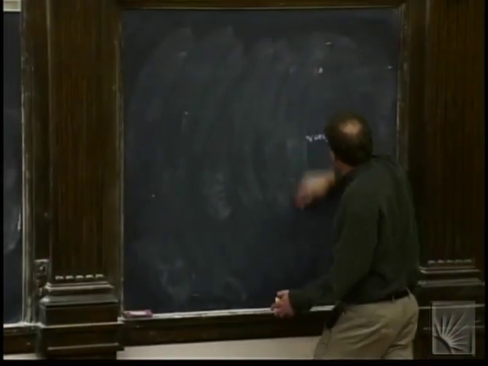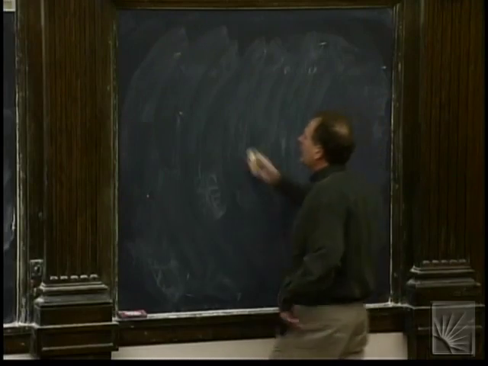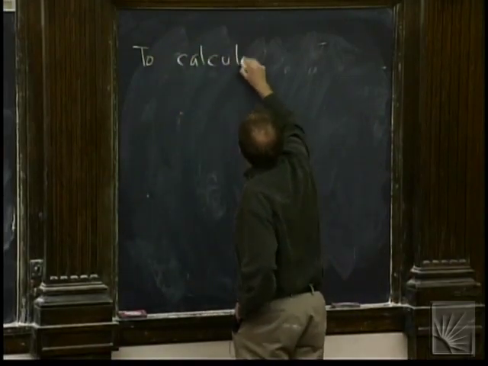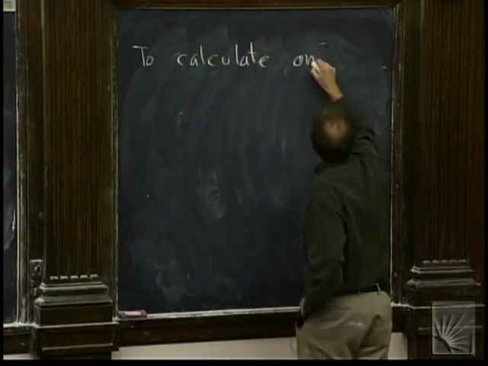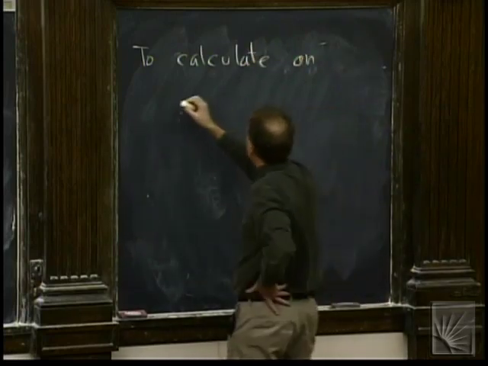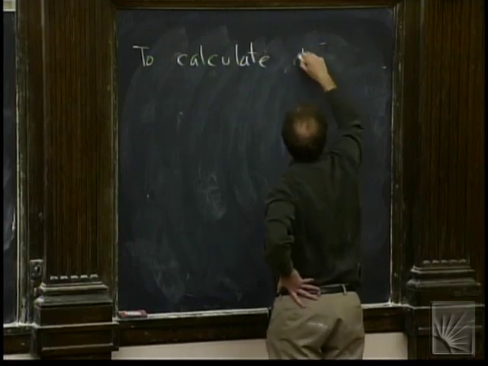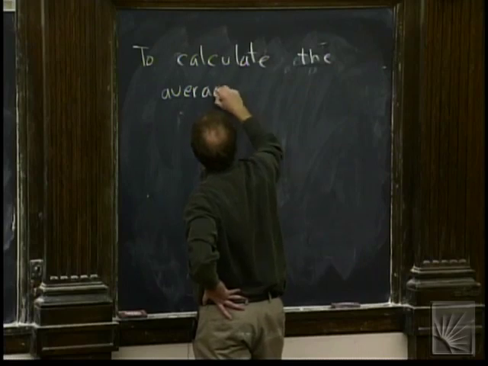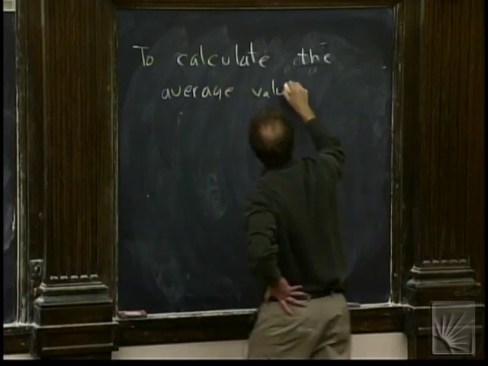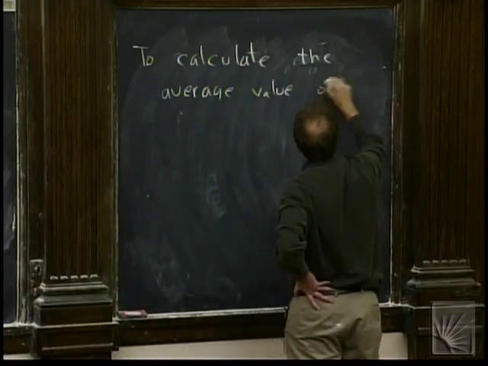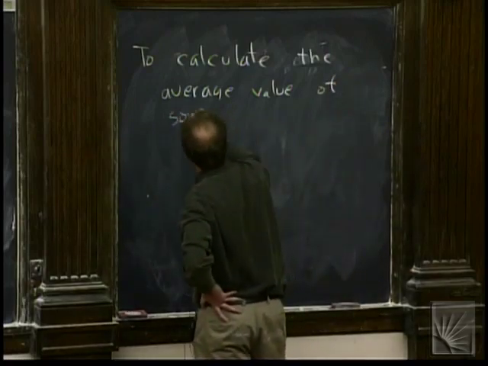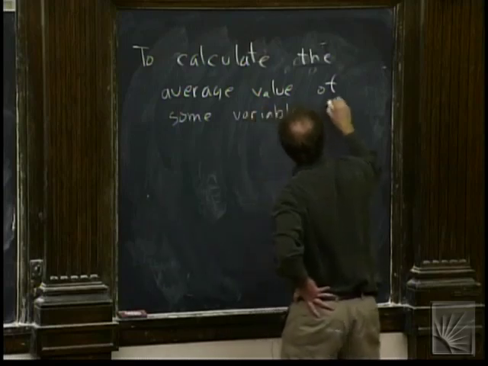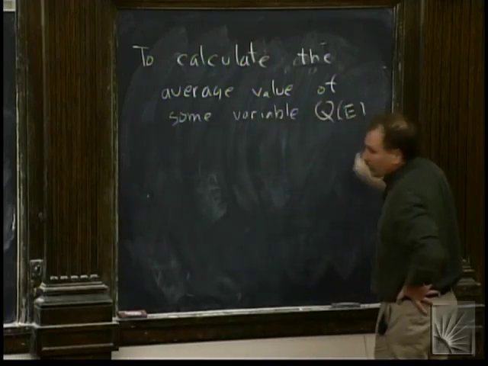So just for completeness, to calculate the average value, and I'm going to follow the book's notation here, of some variable Q, which depends on energy.